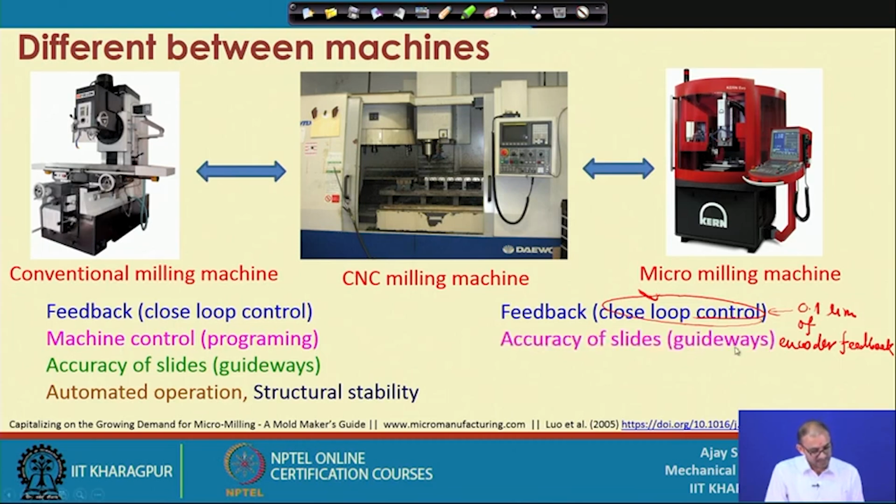Accuracy of the slides and guideways, that is when you are moving in x and y direction, at what particular accuracy you are moving. That means, suppose this is your starting position, and you want to move to this position, that is your target, correct. So, from here to here when you are reaching, how close you are reaching here, that is given by the accuracy.